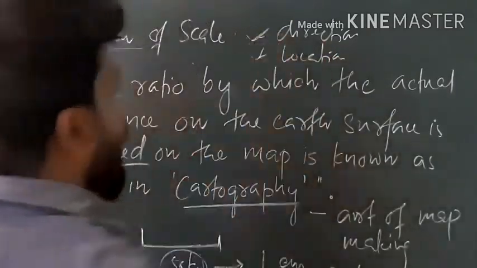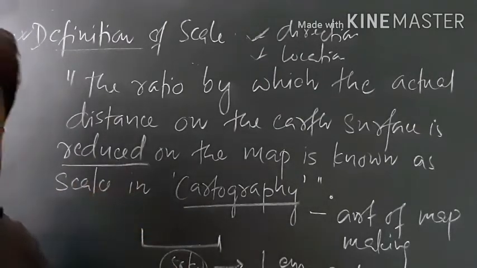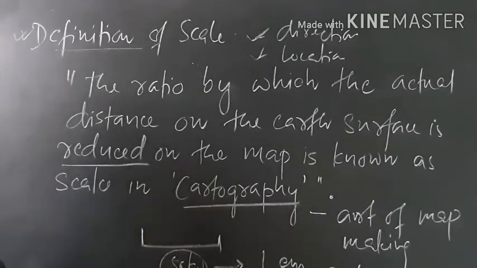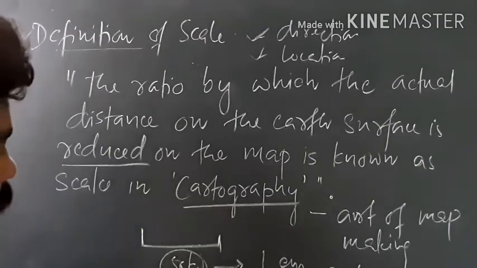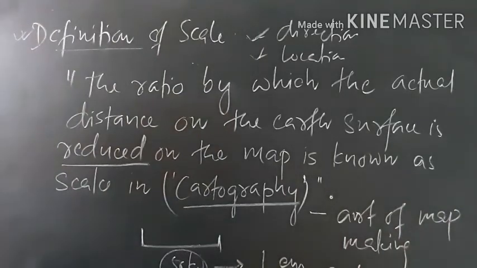With these things we convert the actual earth surface to the map. Then after that we present the network and communication. So cartography is the art of map making.